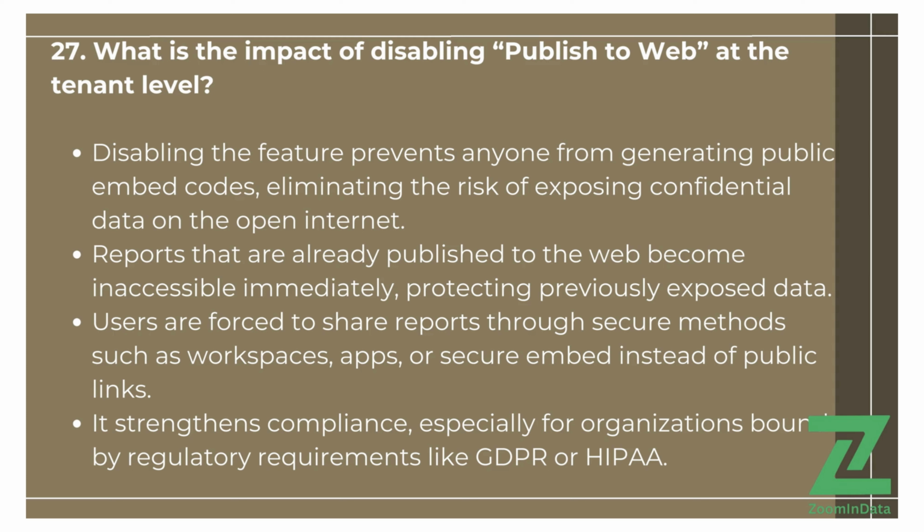Users are forced to share reports through secure methods such as Workspaces, apps, or secure embed instead of public links. It strengthens compliance, especially for organizations bound by regulatory requirements like GDPR or HIPAA.